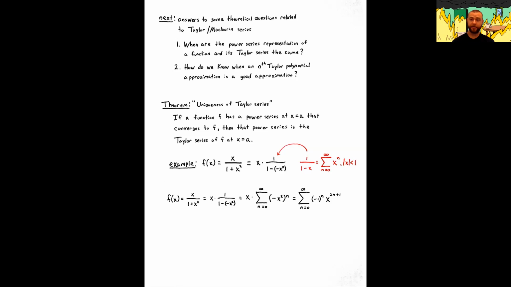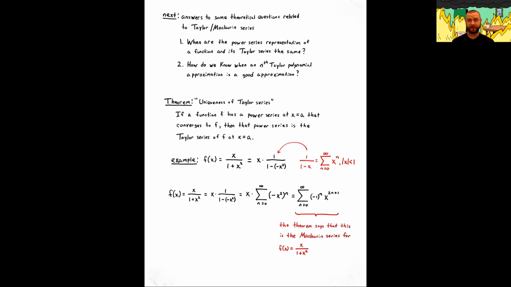All right, so what we have here is a power series representation for the function x divided by 1 plus x squared. What this theorem says is that since this is a power series representation in powers of x, this has to be the Maclaurin series for that function, x divided by 1 plus x squared.